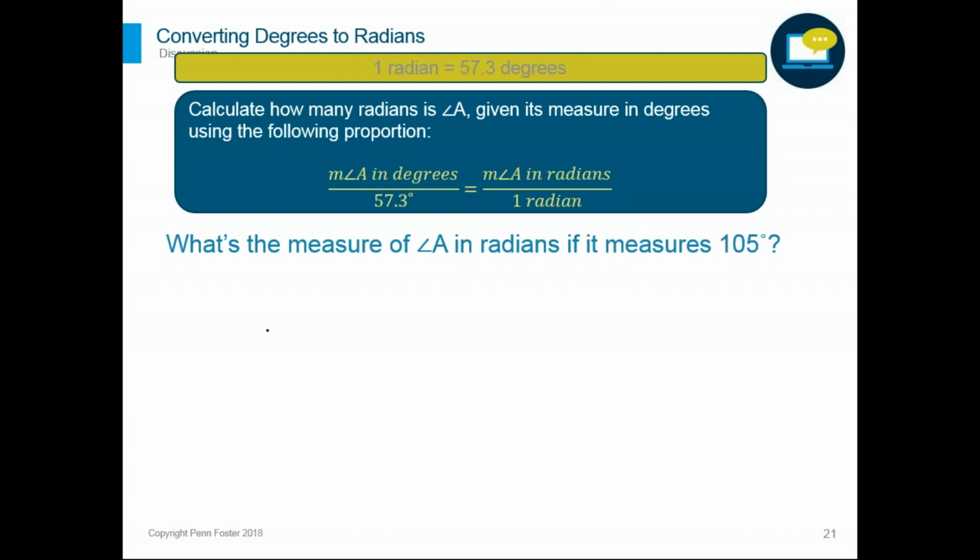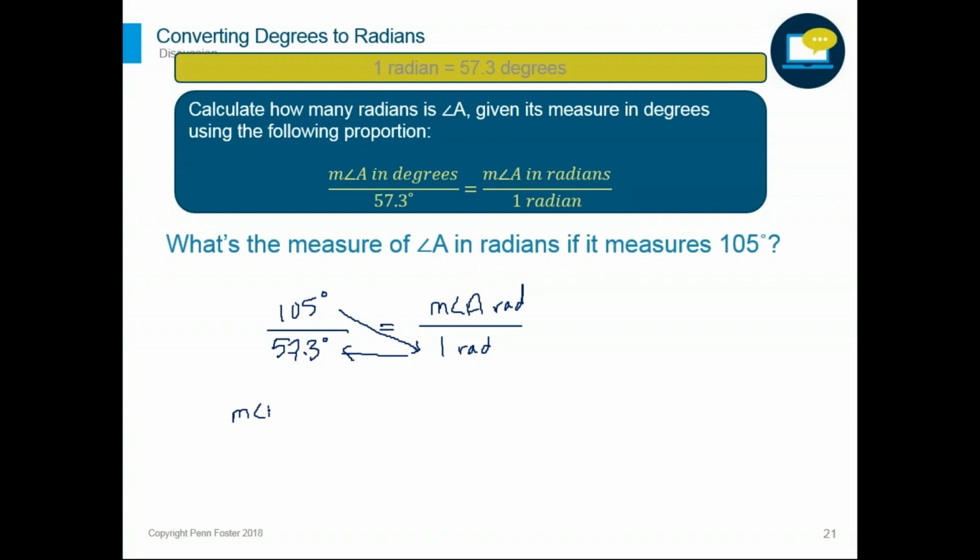Again, I'm going to do the proportion because we have reference information we can use. 57.3 degrees is equivalent to 1 radian. Now, we need the measure of angle A in radians, so that is unknown, but the degree measure is given. So again, a proportion, one unknown, cross multiply, and then divide.